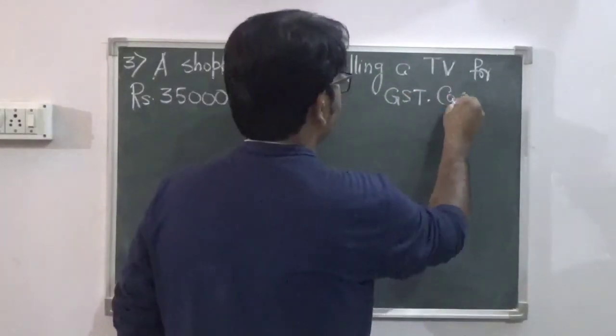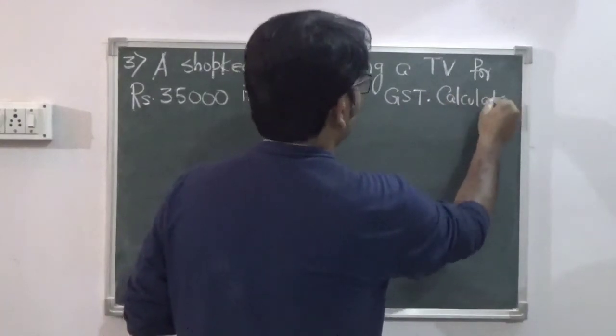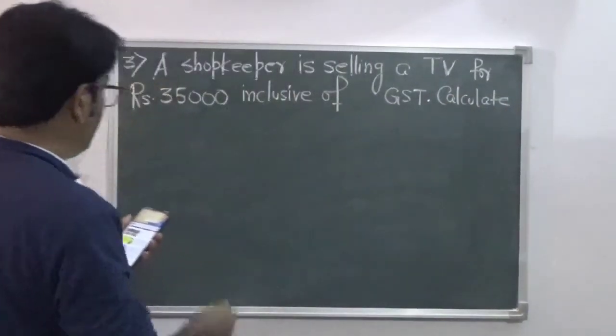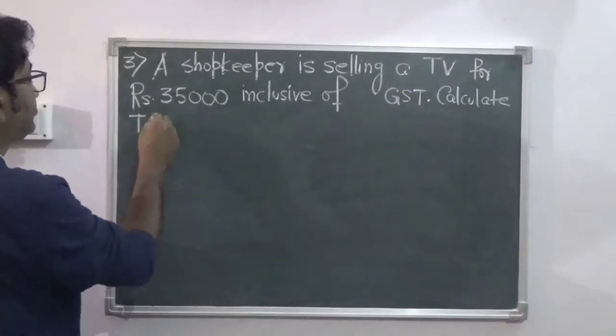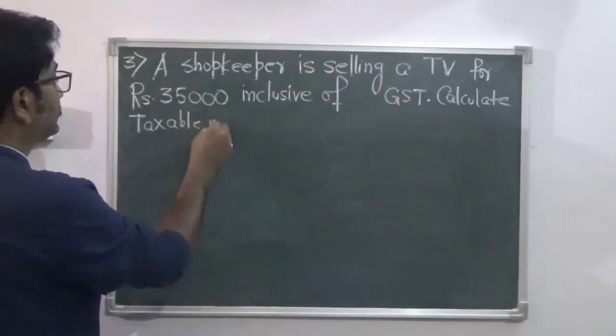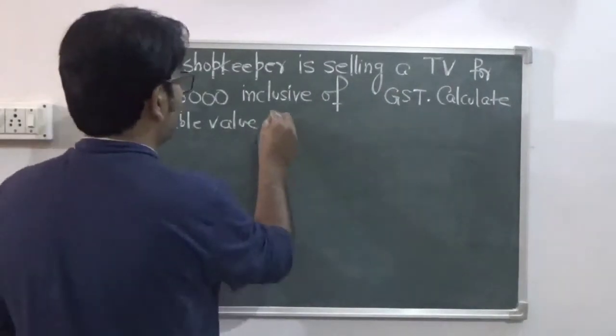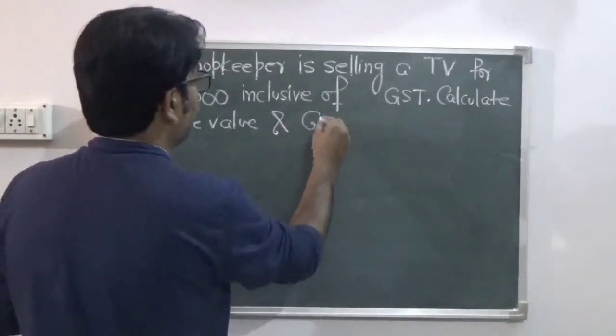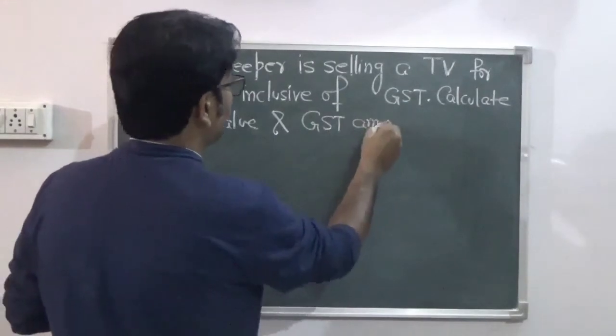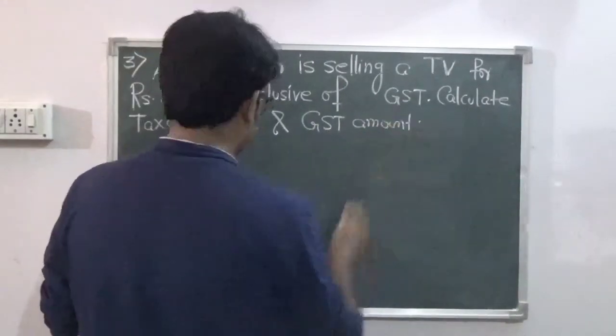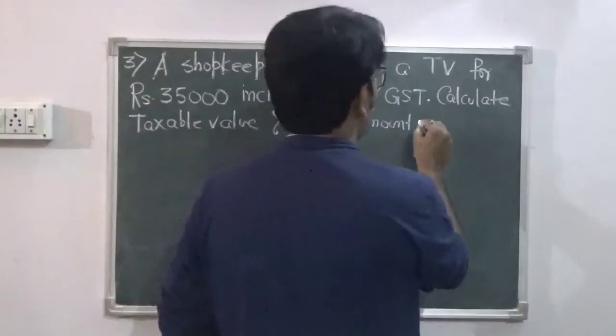Calculate the taxable value and GST amount. GST is 28%.